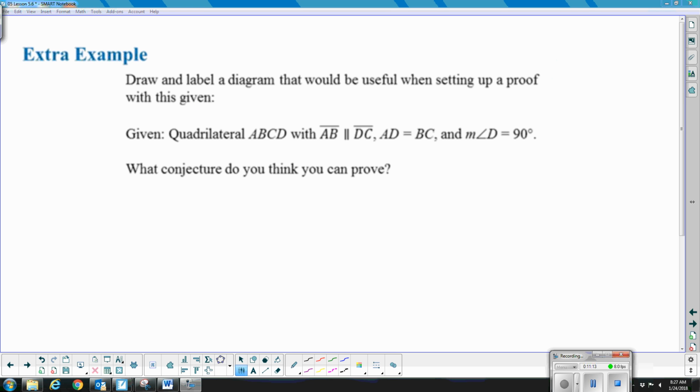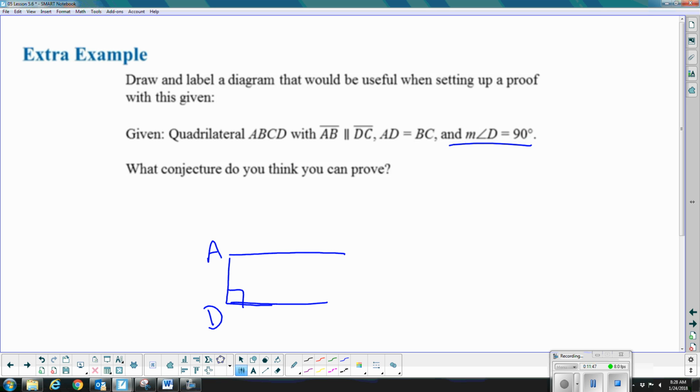Right, then your next example is to draw and label a diagram that would be useful in setting up a proof in this given. So read through the whole thing first. And sometimes it's helpful to start with the last thing. So you know that you have a quadrilateral, and you know that you have angle D equal to 90 degrees. So let's do that first. D is equal to 90 degrees. And we know that AB and DC are parallel.